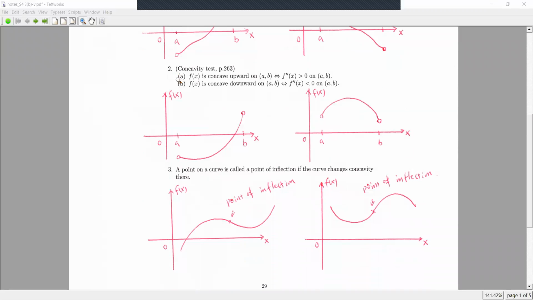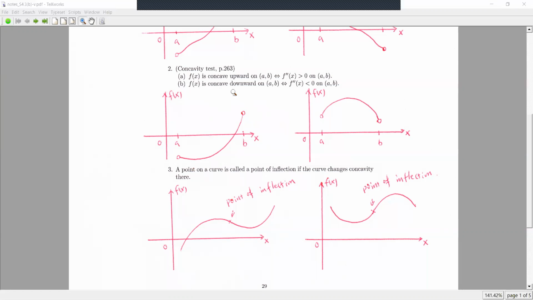Review number 2, concavity test. A curve is concave up, then second derivative is positive everywhere. The reverse is also true. Second derivative positive, then the curve is concave up.